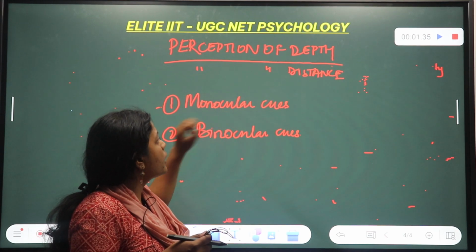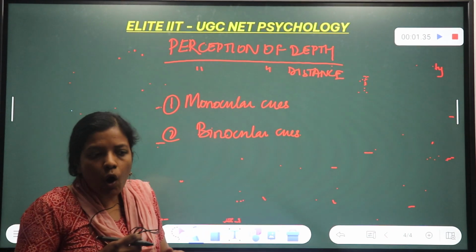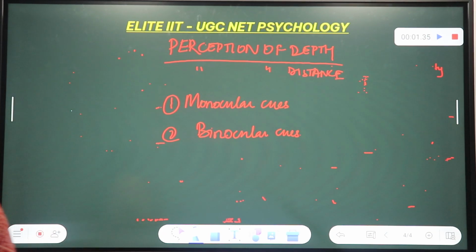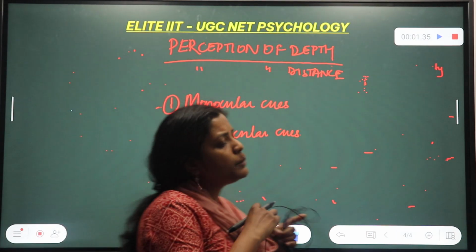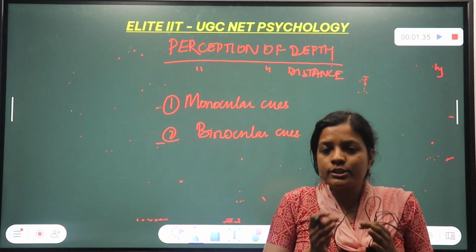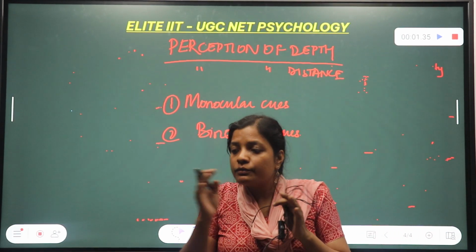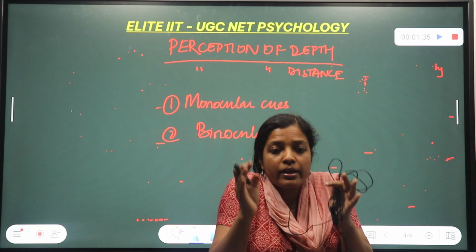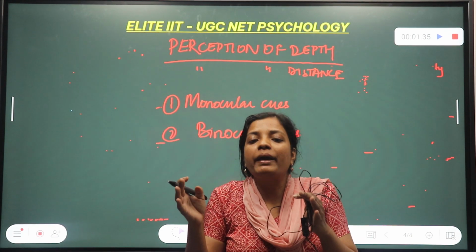Monocular cues are also called pictorial cues or the cues which painters use. You must have seen painters drawing 3D images, where you can see exactly real things right on pages.